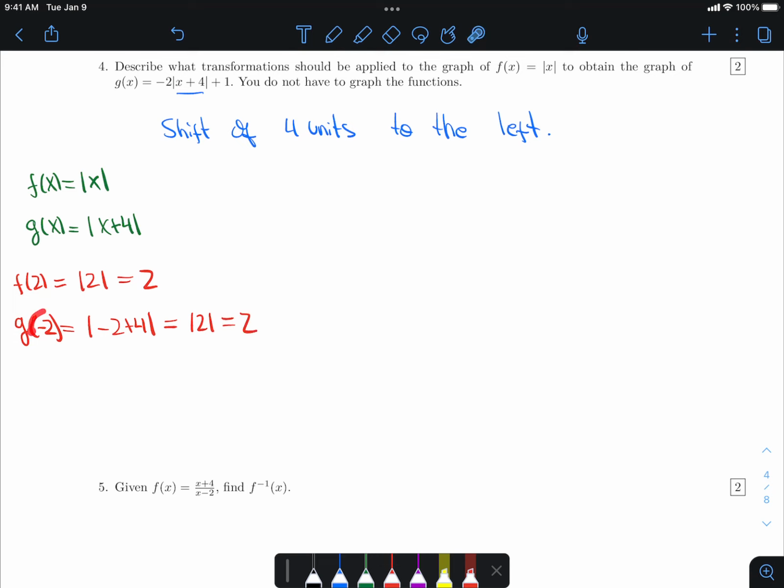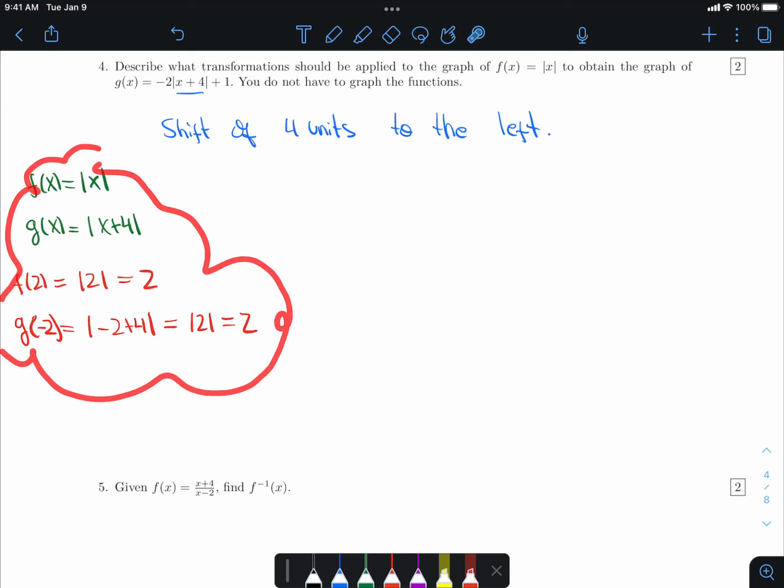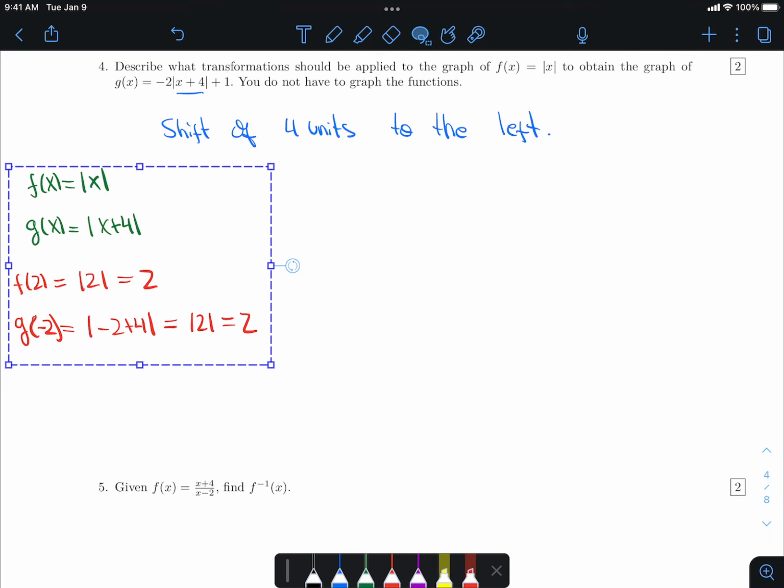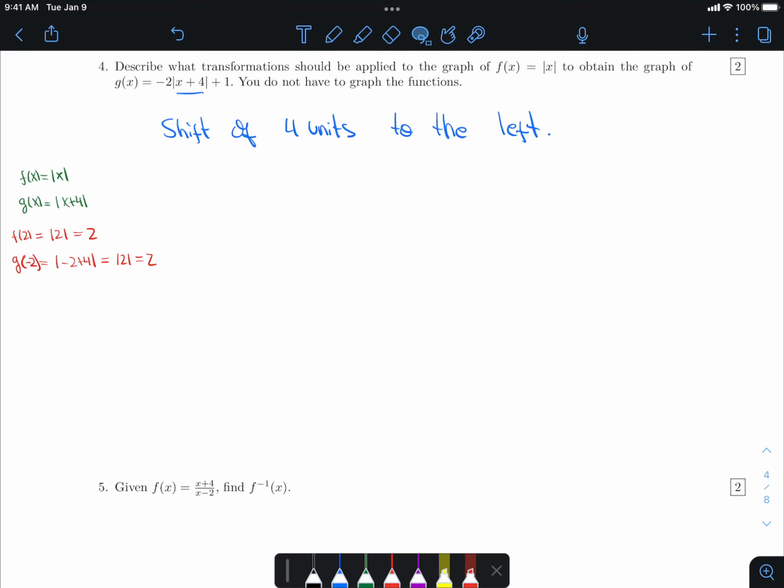So I have to subtract 4 from the 2, so that when I add the 4 back, I'm back where I started. This is pretty important. You don't have to write any of this in this type of question, but it's a good thing to have in mind when you're solving these questions, to understand why anything that happens to x is counterintuitive.